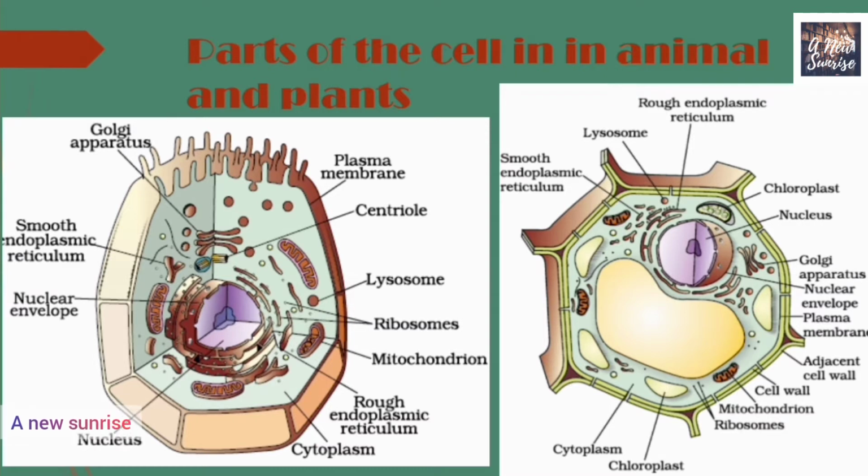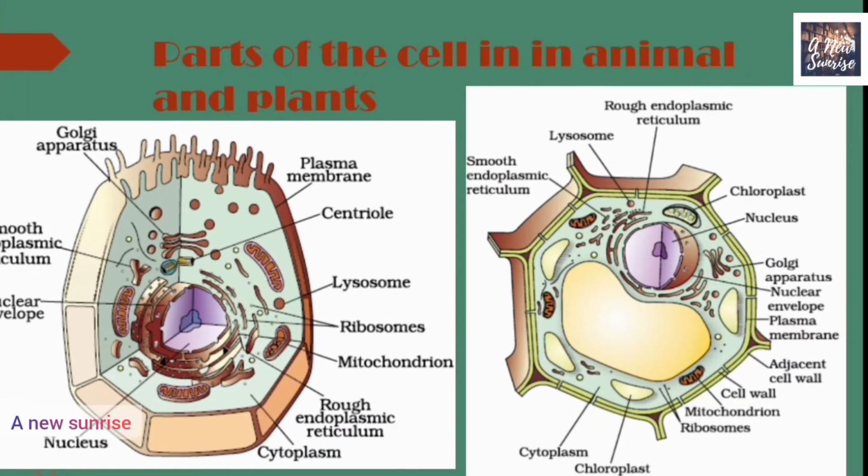It also has some organelles. Now we have viewed the images of plant and animal cell and their different parts. Let us learn about all of these components of a cell.